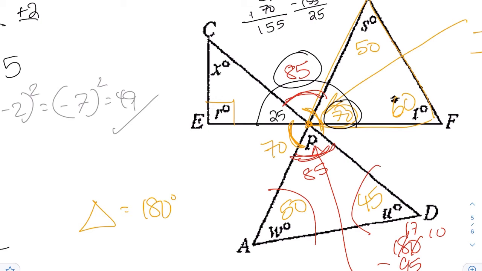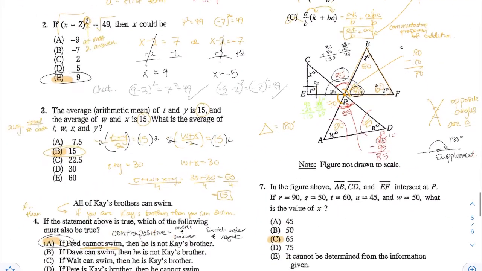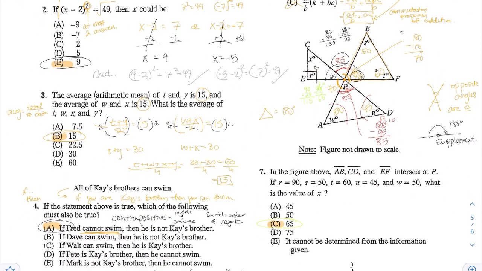So that's this angle here. Now R is the right angle, so that's 90 degrees. So we can now solve for X. 90 plus 25 is equal to 115. Then you can do 180 minus 115 to give you 65 degrees. So the answer is choice C, 65.